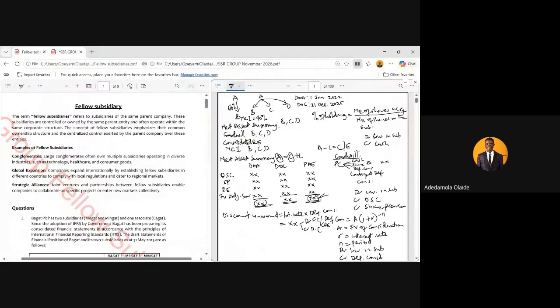Okay. I said once we calculate the present value of the deferred consideration, that present value we calculate using the formula A into bracket 1 plus r minus A raised to power minus n. That value is what we will debit into our investment in subsidiary and credit in deferred consideration.